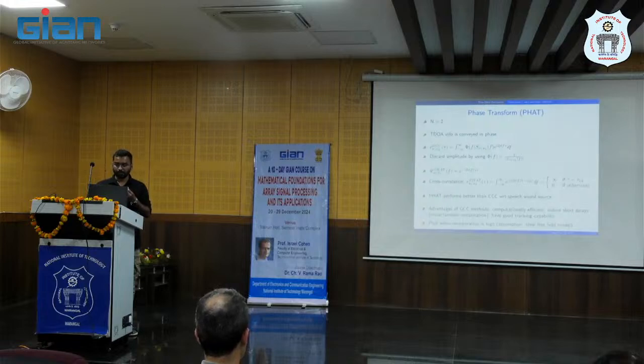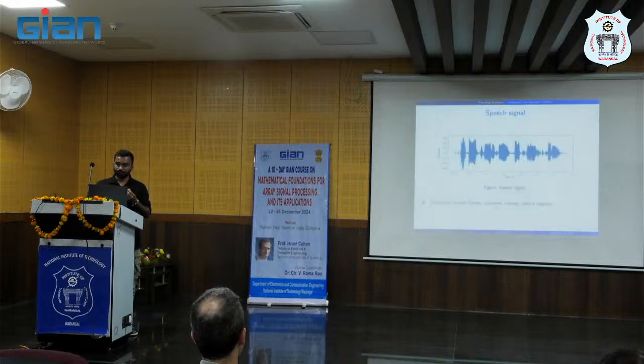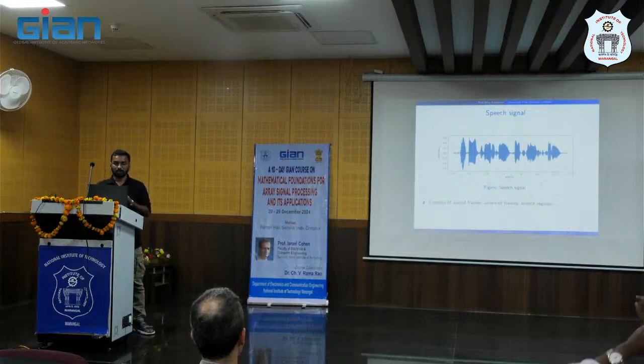When we cancel out the magnitude, we get a peak at the time difference in the cross correlation plot. The advantages are that it is computationally efficient and induces short delays, but it is poor when reverberation is high, because we considered the ideal free field model.